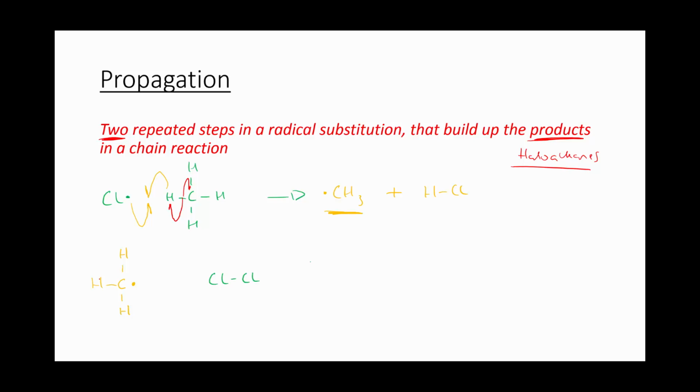Now, what actually happens is we have the same thing happening. We break up this Cl2 molecule by homolytic fission to produce radicals. One of the chlorine radicals, so we're going to choose the one on the left, will react with the CH3 radical.